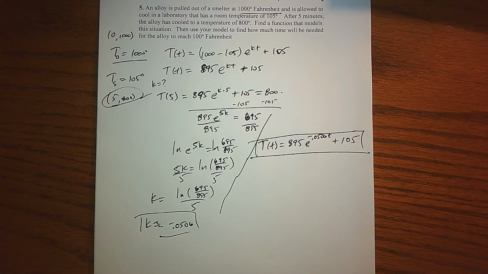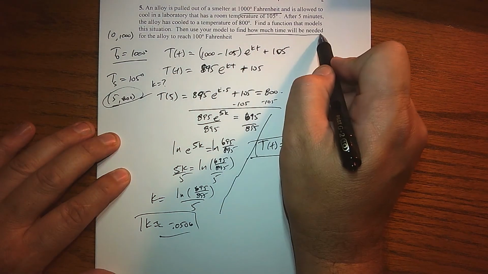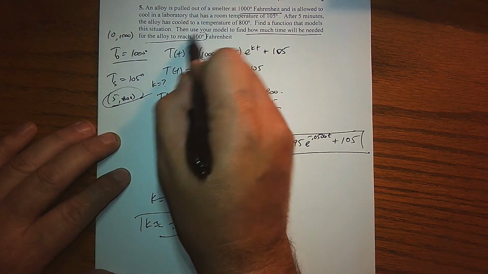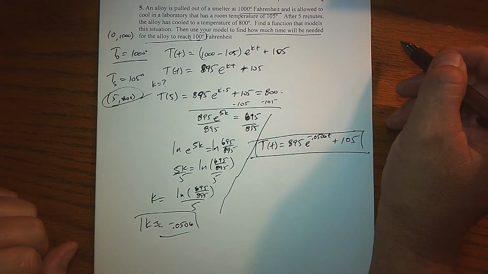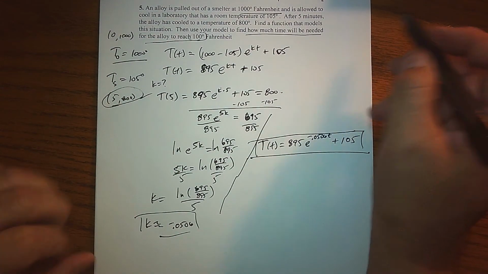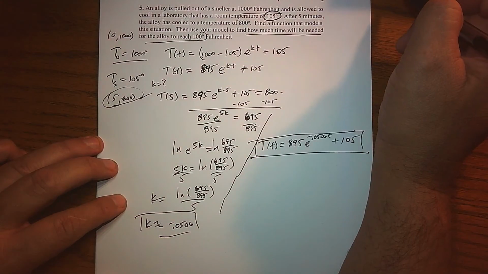All right, and now that we have that model, I can answer any question that may come up, and in this case, there is a question. They want us to use the model to find how much time will be needed for the alloy to reach 100 degrees Fahrenheit. Okay, and I think I've got a typo here because it's only going to reach 105 degrees Fahrenheit, right? That's the surrounding temperature.